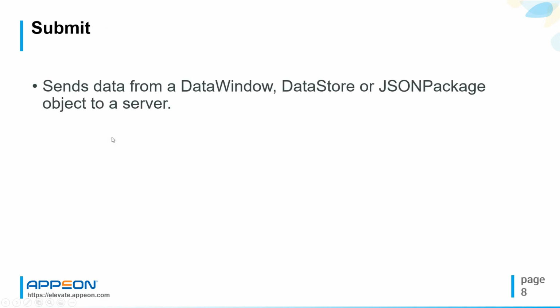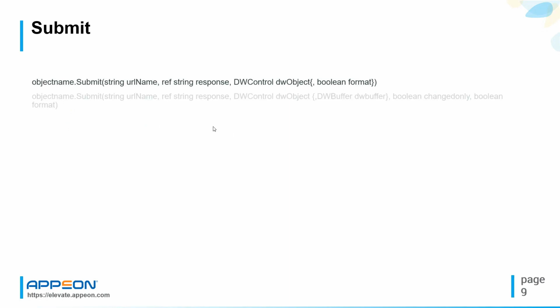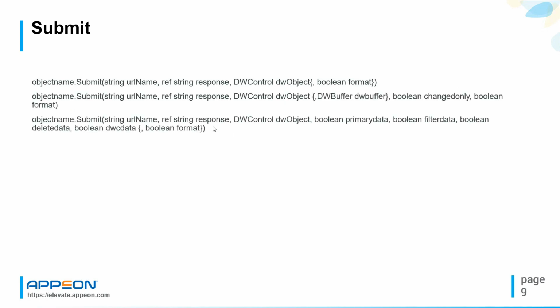Okay, so there's a new Submit method, and it can send data from a DataWindow, a DataStore, or a JSON packager. It only uses the POST method. It doesn't use the other verbs like GET or DELETE or any of those. There's a couple different formats for it here.